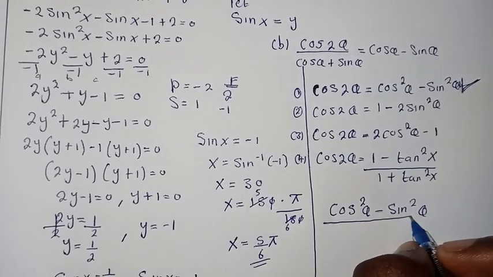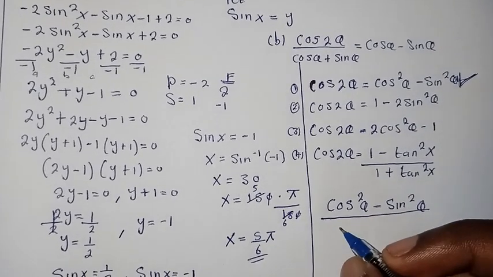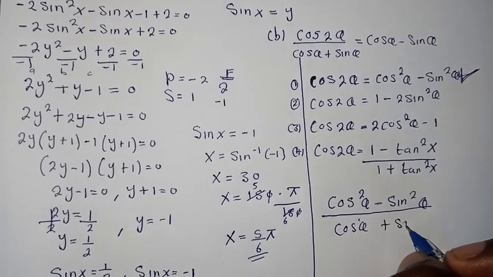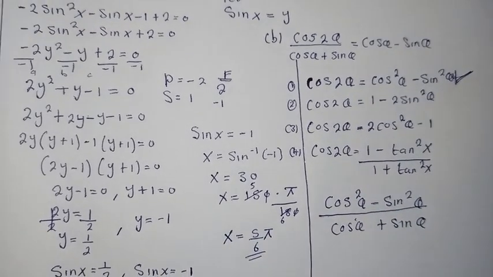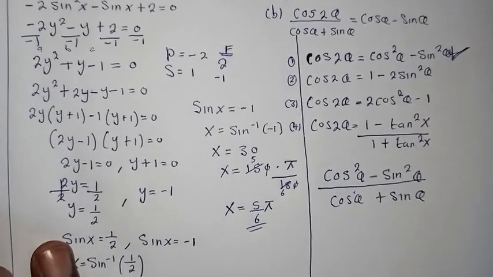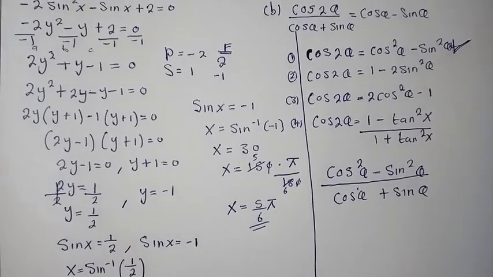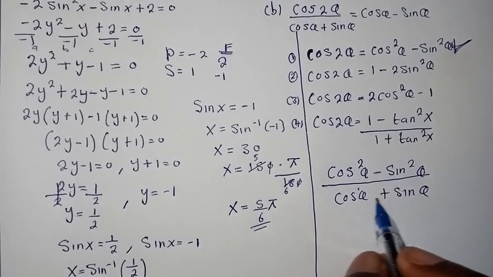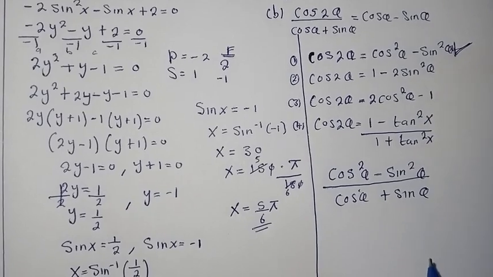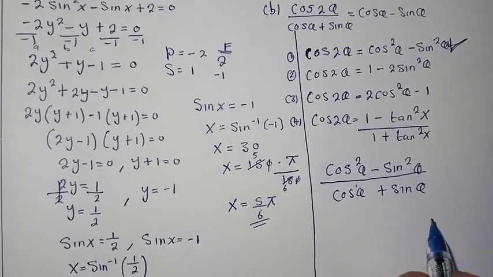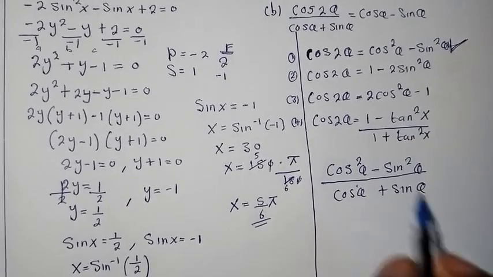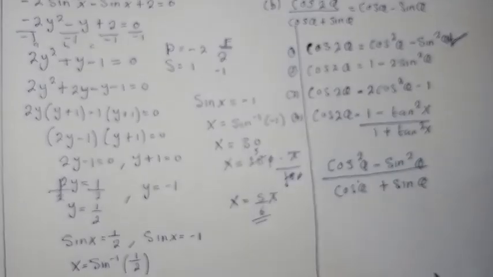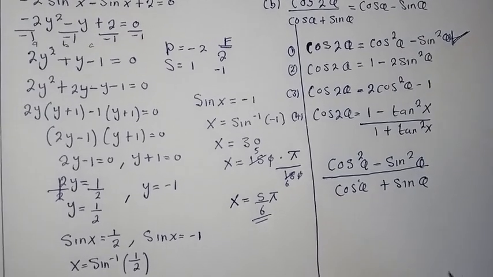And this is all over cosine theta plus sine theta. But then we know that if you divide everything by this, you discover that only the sign is going to be negative, but everything is going to reduce by 1.